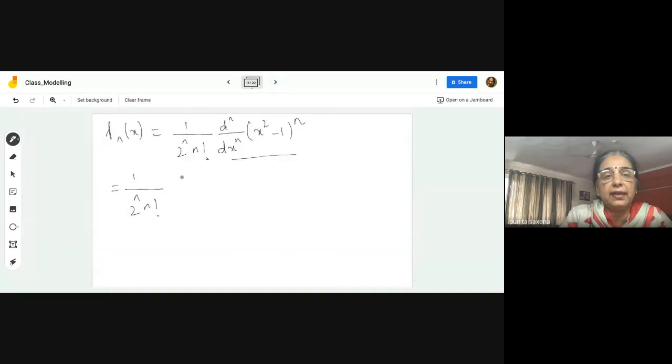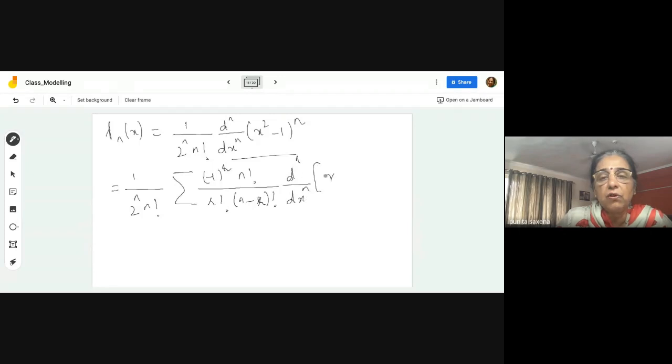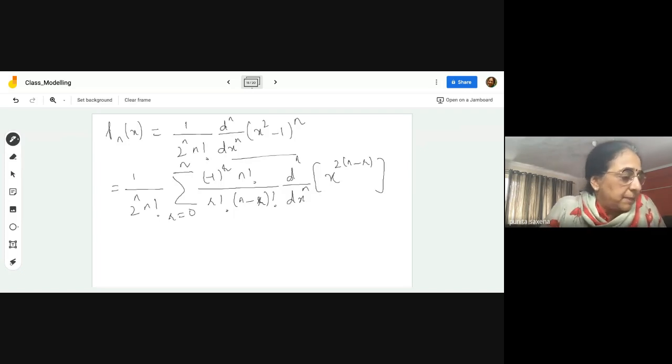So this is nothing but this into summation minus 1 to the power r, n factorial upon r factorial, n minus r factorial, into the nth derivative of x to the power 2n minus 2r, where r varies from 0 to n. Is it okay or not?